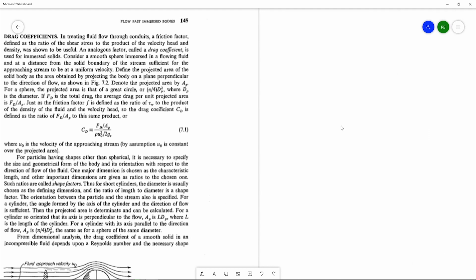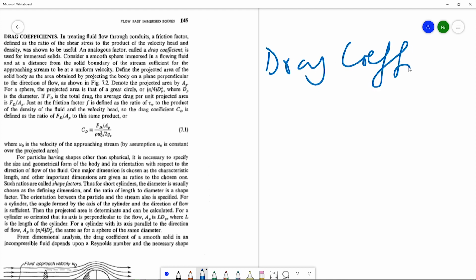What we discussed earlier was the drag force. You can also express drag force in terms of drag coefficient. Drag coefficient is dimensionless. So what is drag coefficient?